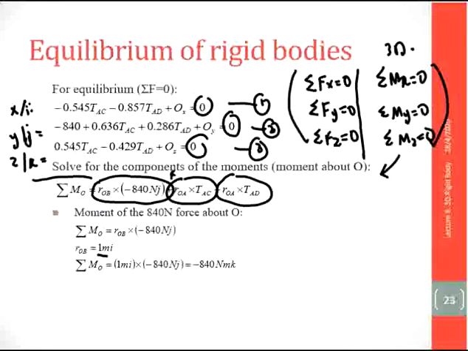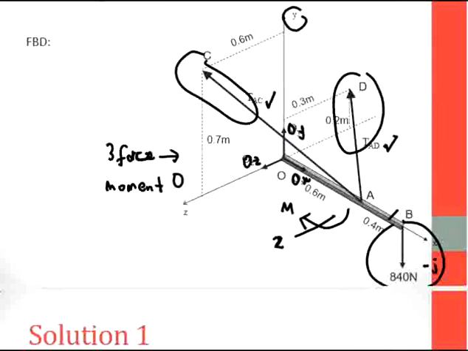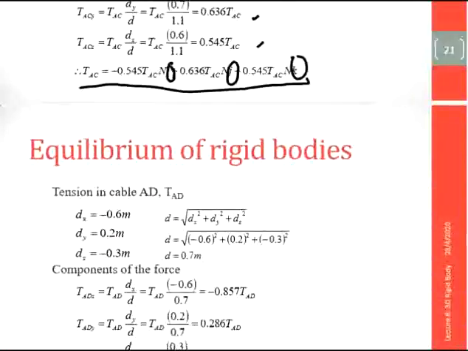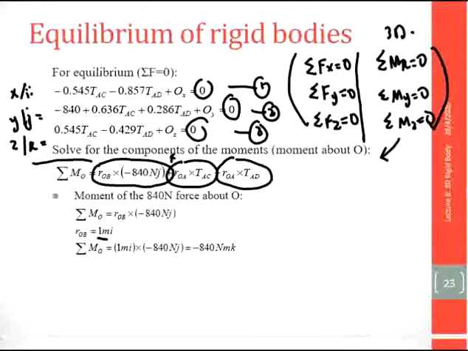How do we get 1? Because this is the x direction, and 0.6 plus 0.4 is equal to 1.